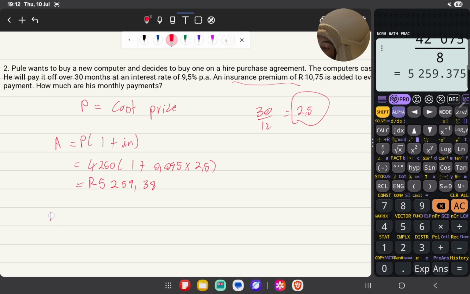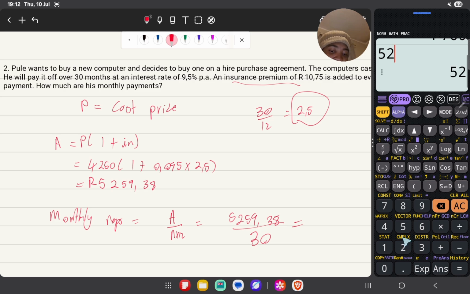So now we find the monthly repayments. Monthly repayments is going to be A over n times 12, so that is 5,259.38 divided by 30.